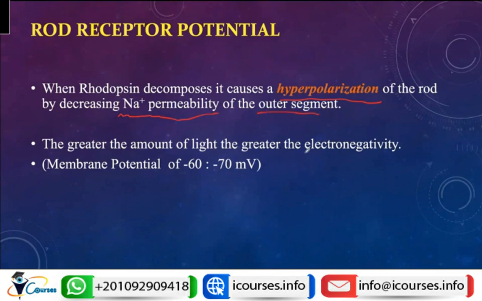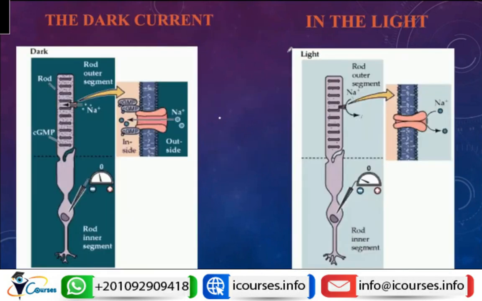The greater the amount of light, the greater the electronegativity. The membrane is slightly negative, about minus 40 millivolts, at rest. But when there is exposure to light, this will increase the negativity by decreasing the sodium permeability of the outer segment, to minus 60 or minus 70, which leads to hyperpolarization. And hyperpolarization here means activation and processing of the electrical signals.